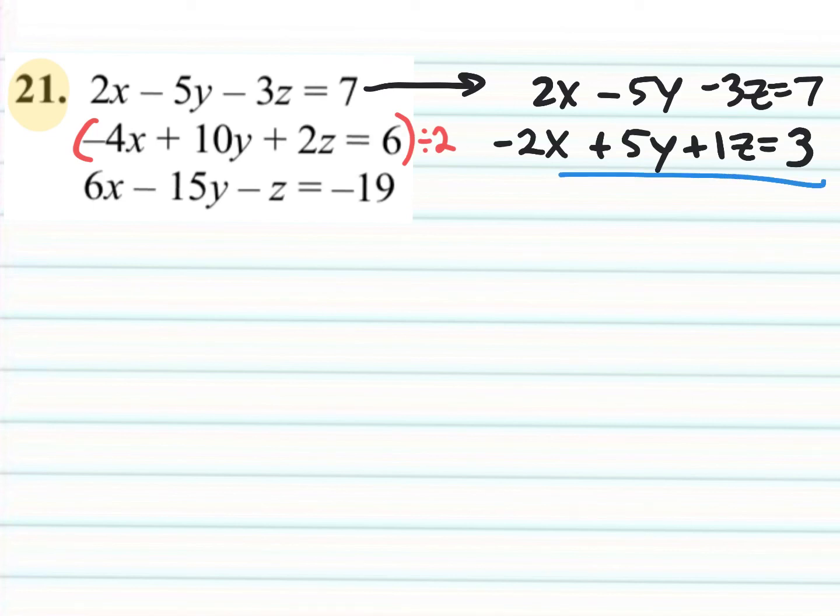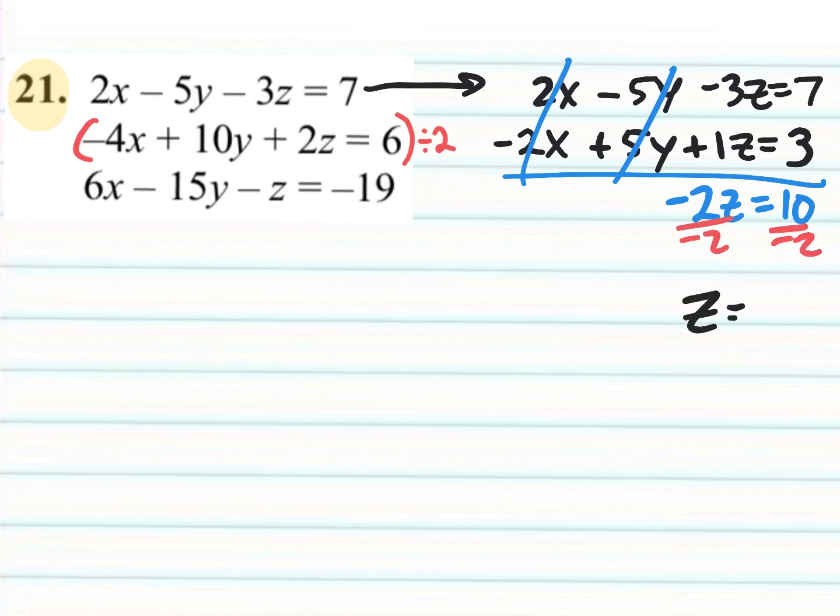And now we could actually combine the lines, and the x's also cancel. So we end up with a negative 2z equaling 10. And then divide by negative 2, divide by negative 2, we'd get z equals -5.